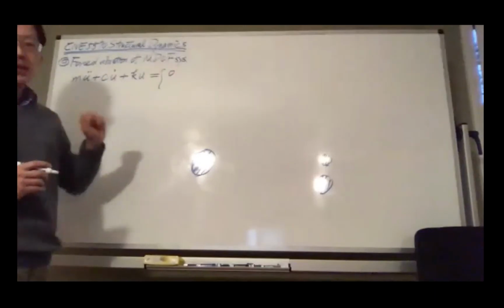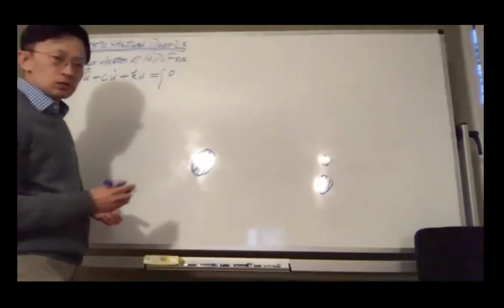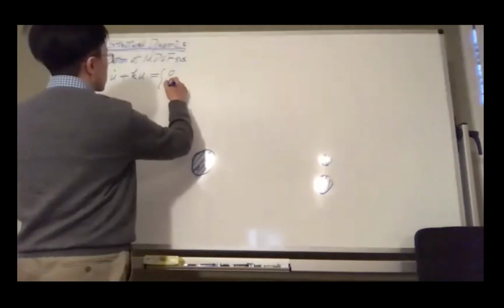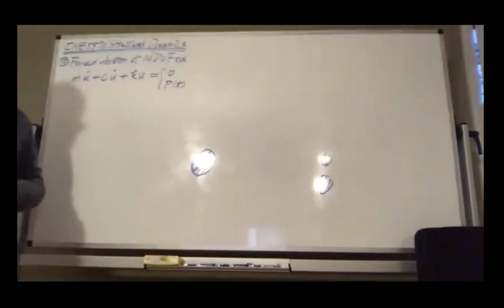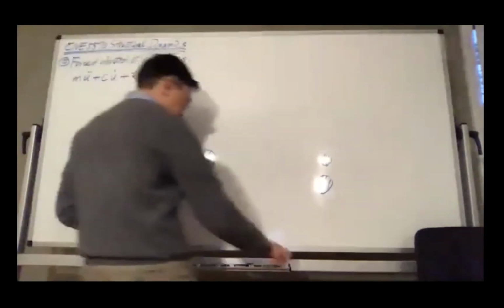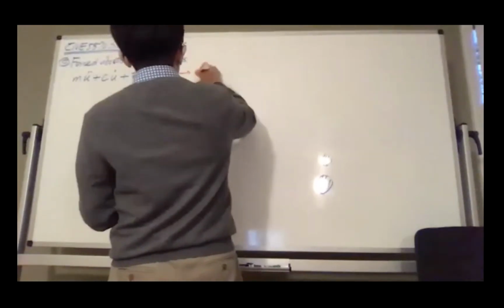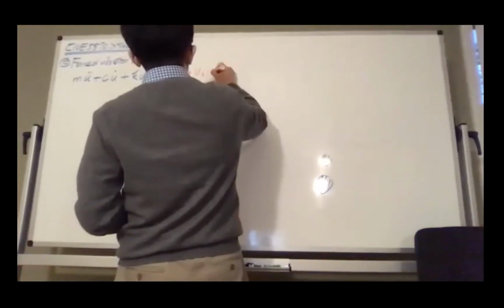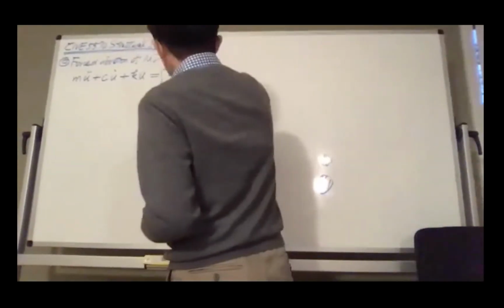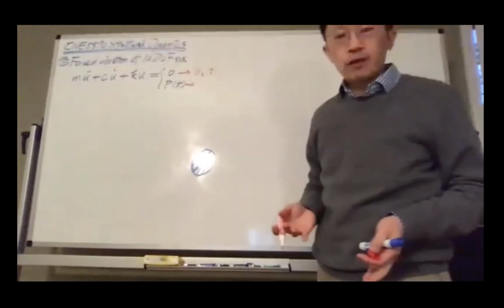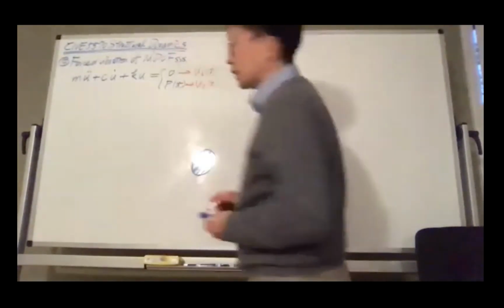One possible result is when this equation becomes 0, which corresponds to the homogeneous solution, and the other corresponds to a function P of t, which corresponds to the particular solution, as we know. When this becomes 0, this is u sub h, the homogeneous solution. When it's not 0, it becomes some function, and that corresponds to the particular solution, u sub p of t.